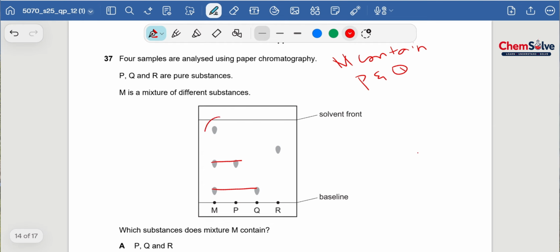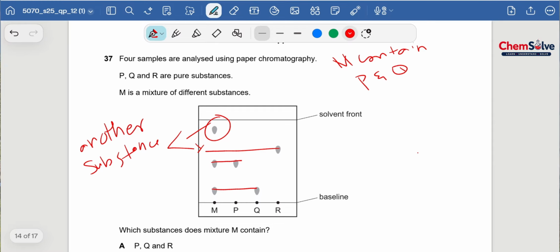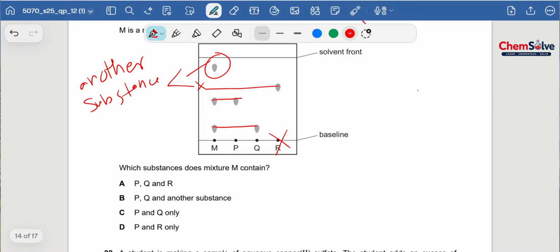But you can see there is one more spot of M. It means there is another substance as well. And R doesn't have any spot horizontally matching with M, so R is not our option.